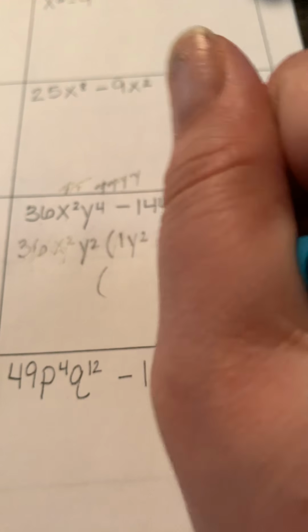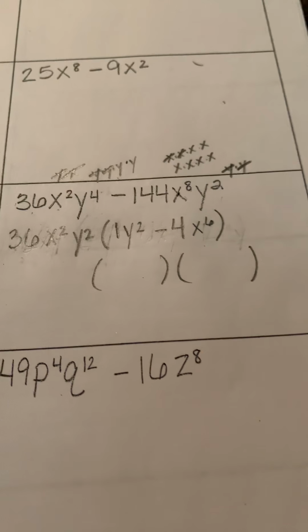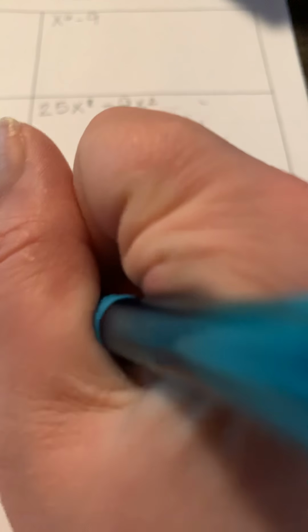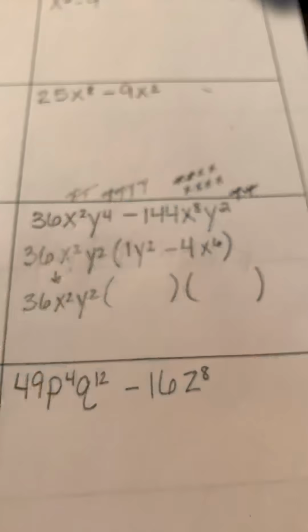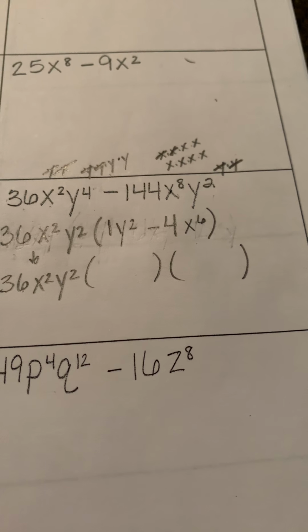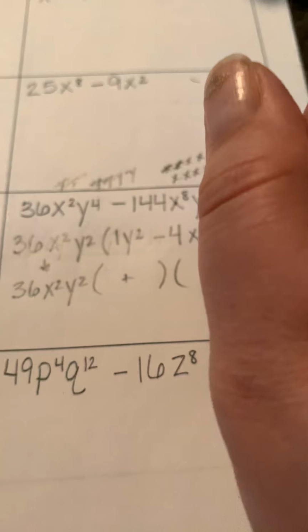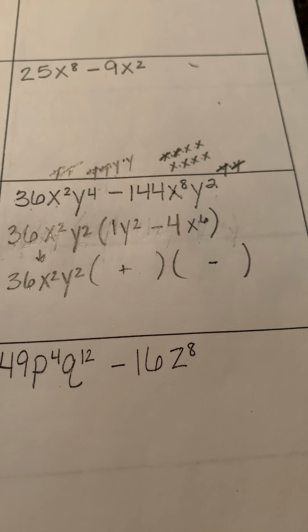Now we can break this down into our 2 sets of parentheses. But don't forget to bring down the 36x squared y squared. Square root of 1, put your positive and your negative signs. Square root of 1 is just 1.